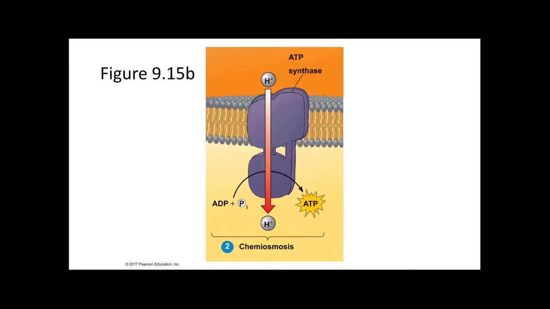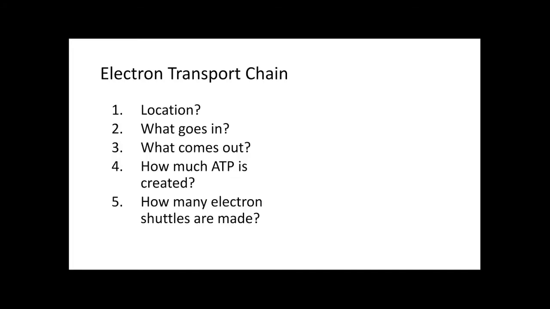Then they go back across the membrane into the matrix of the mitochondria in order for the ATP synthase to be energized so that you can have ATP being made. And that's chemiosmosis.